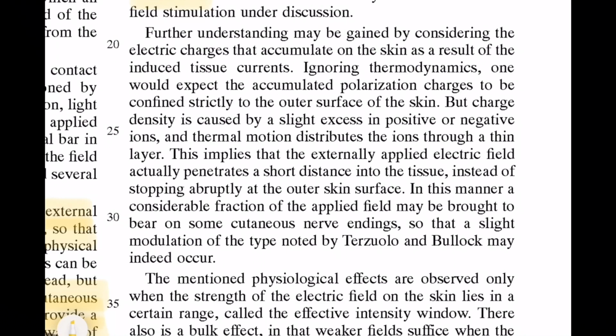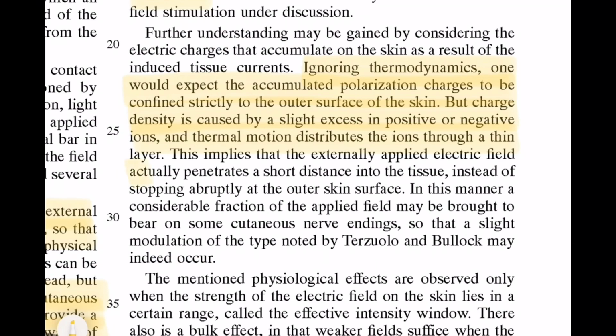Ignoring thermodynamics, one would expect the accumulated polarization charges to be confined strictly to the outer surface of the skin. But charge density is caused by a slight excess in positive or negative ions, and thermal motion distributes the ions through a thin layer.